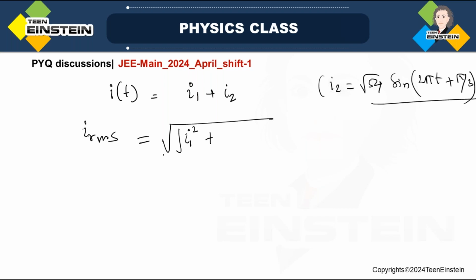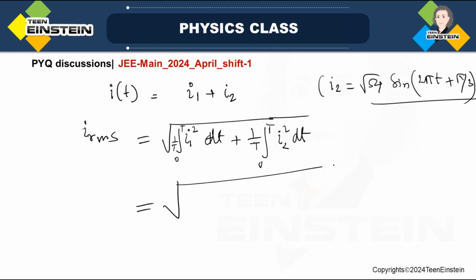I have to take the square average, 1 over the full time cycle, 0 to T, I1 square dt, plus 1 over T, 0 to T, I2 square dt. See, I2 is this.